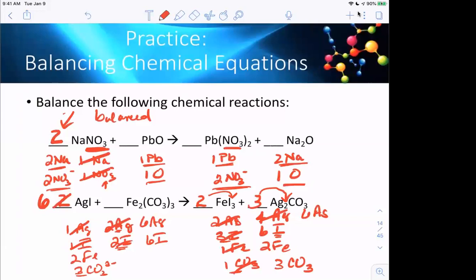Now I'm balanced with a 6, 1, 2, 3. So this is now balanced. Sometimes you have to go back and forth and back and forth. When I change one part of the molecule, notice if I change the silver, I also change the iodine because those are connected. If I change the iron, I also change the carbonate because those are bonded together. So you have to pay attention to that.